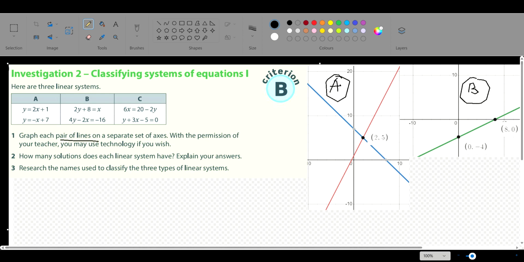Coming to the third scenario, the C: 6x is equal to 20 minus 2y.